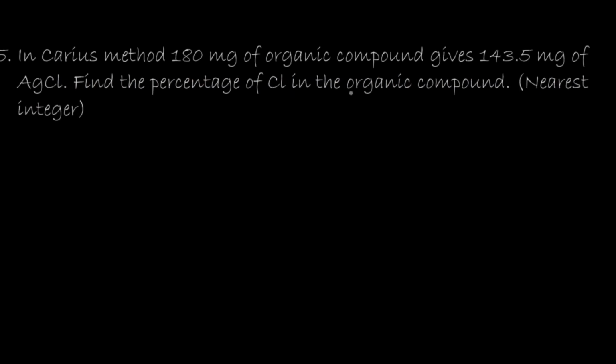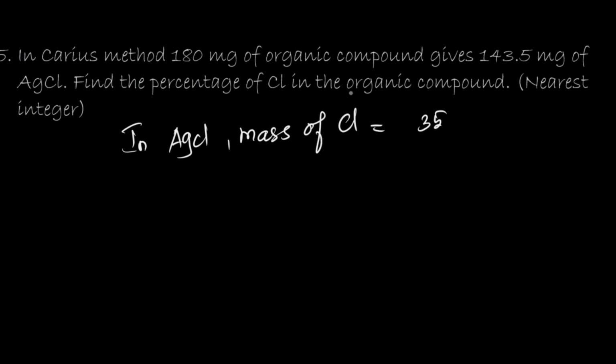In Carius method, 180 mg of organic compound gives 143.5 mg of AgCl. Find the percentage of Cl in the organic compound. So let's do this with the Carius method. In AgCl, what is the mass of Cl? Mass percentage of Cl, that is 35.5 out of 143.5.